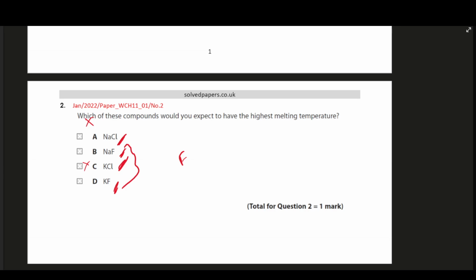Since both of them contain F, their electronegativity is high, so electronegativity is not taken into consideration. Both of them are ionic bonds. Now we just need to determine the strength. How do you determine the strength of this ionic bond?